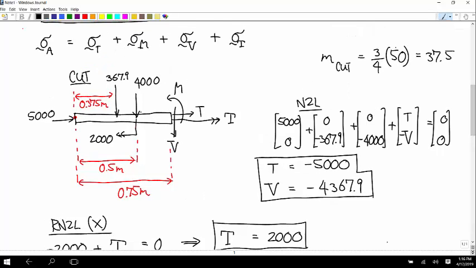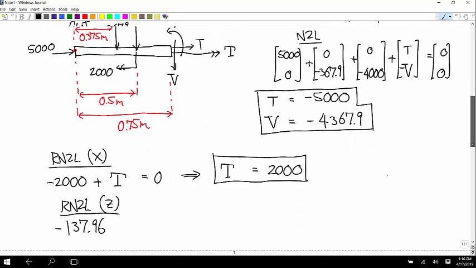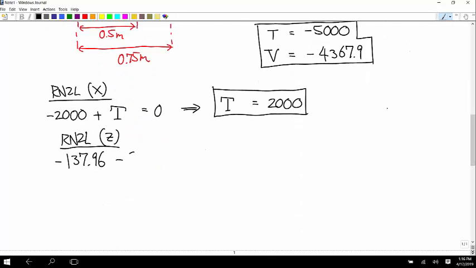And then we have the downward 4,000 Newton force. The magnitude is 4,000 times 0.5. That's also clockwise, so negative, so minus 2,000.